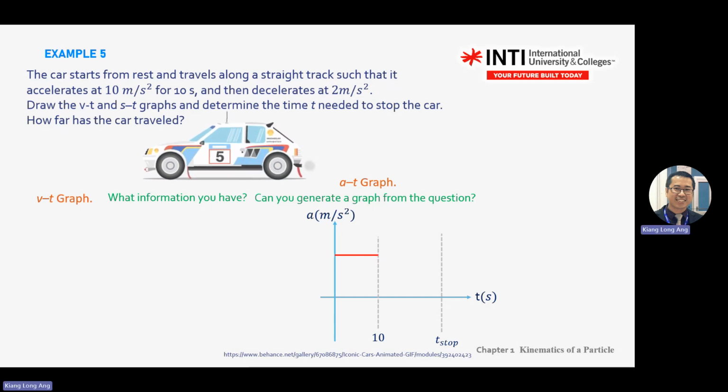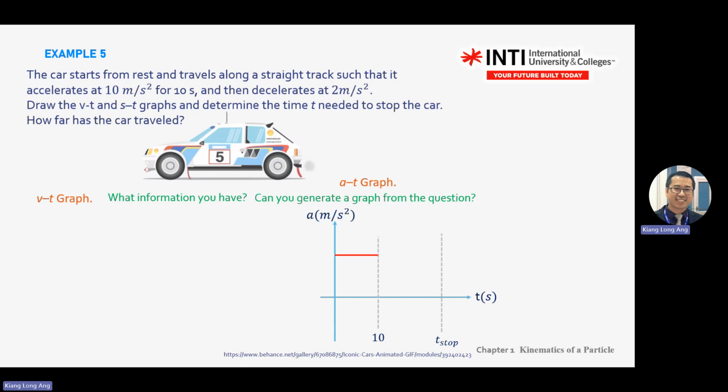So the car decelerates at 2 meters per second squared. So how do you draw? Draw like this. Why is the shape like this? This tells you what? Deceleration.